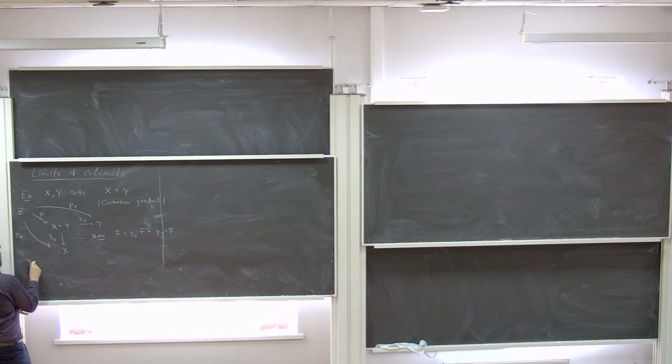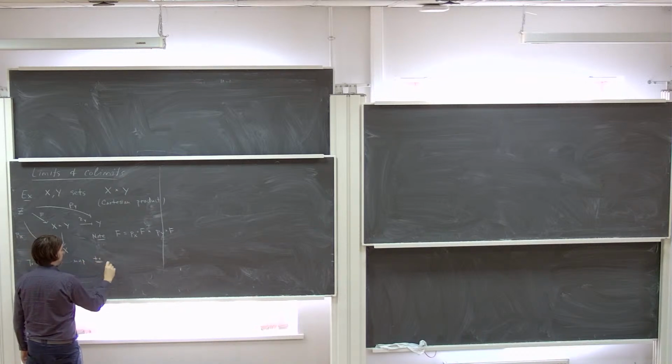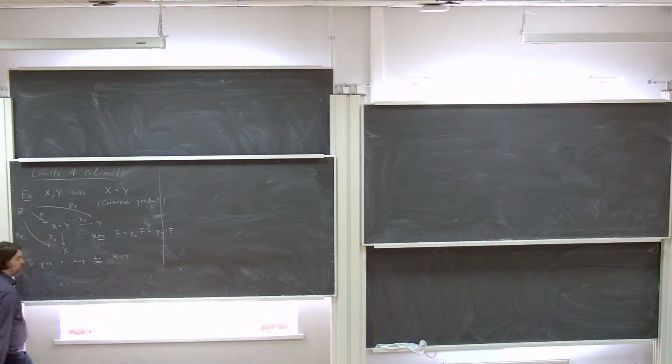So to give a map to the product is the same as to give a map to each component or each factor.